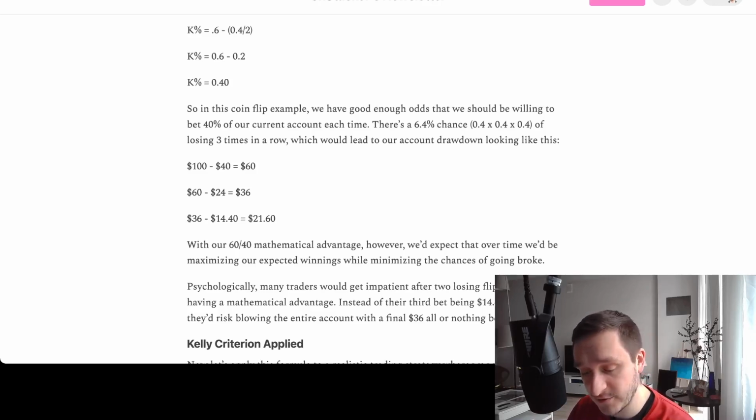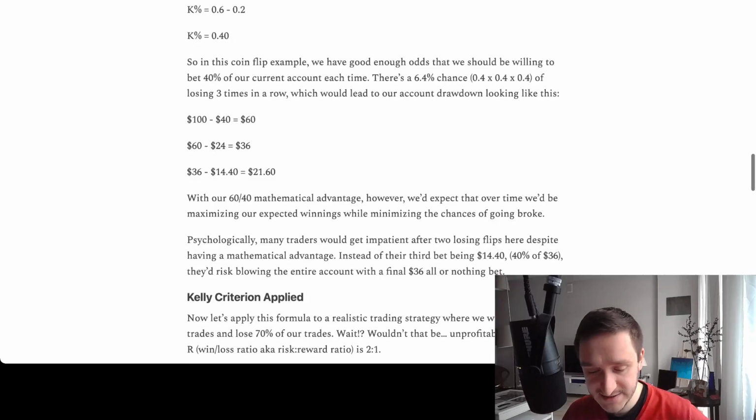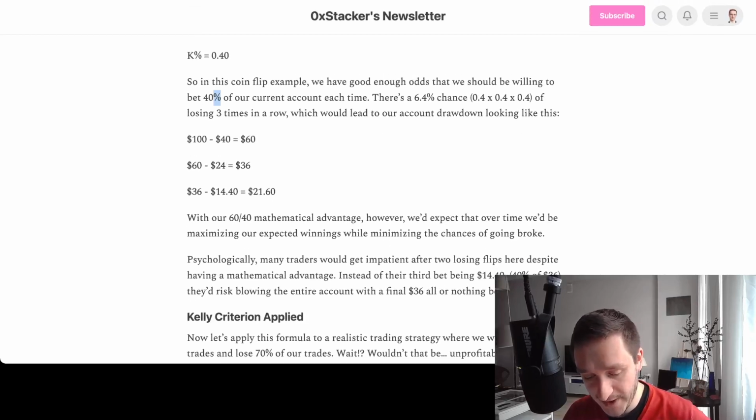So for example, if you lose a couple of positions in a row, that should go down with time, and this is explained here. If you lose your first position, you lose $40, you will have only $60, then you do 40% of that being $24, so you're doing a $36 bet then, and so on, then you do $21.60. But this is basically how you bet here.